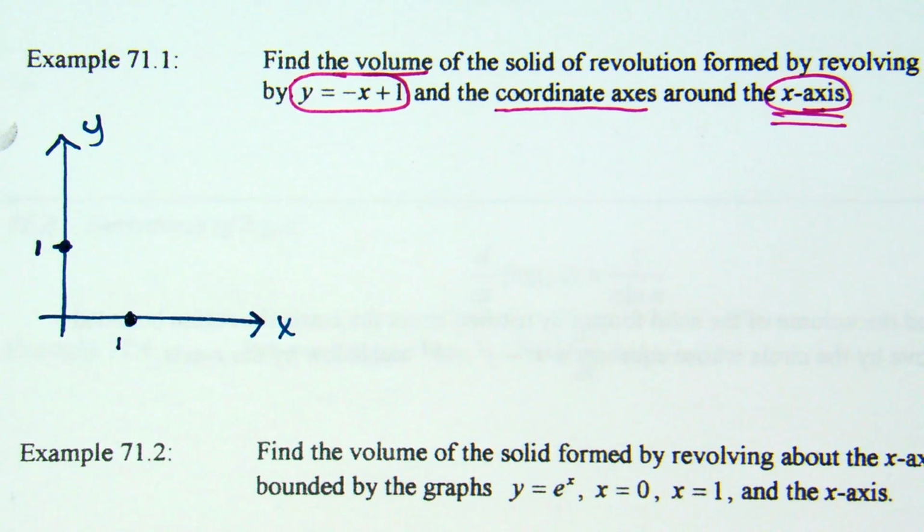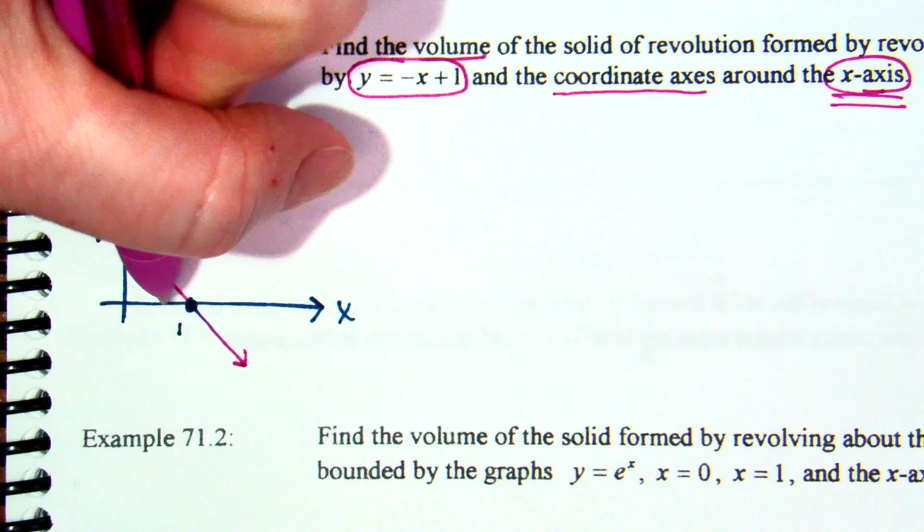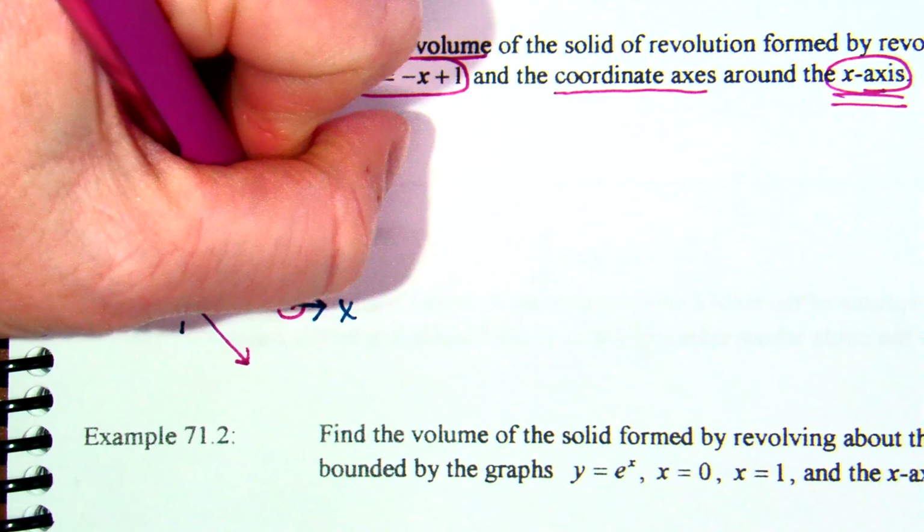And so it looks like this. It said the volume of the solid formed by revolving this region bounded by y equals negative x plus 1 and the coordinate axis around the x-axis. So what is it we're revolving? Yeah, the chunk in the first quadrant, which is just this little triangle, yes? We're going to take that triangle, and this little arrow here indicates we're going to revolve around the x-axis.